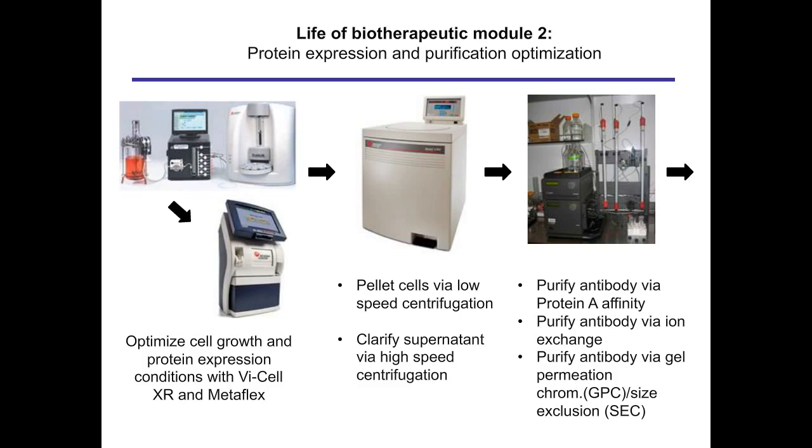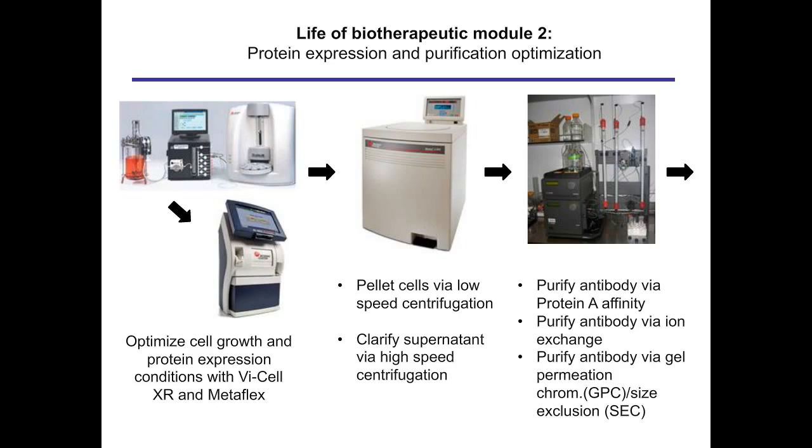Again, the Metaflex will measure glucose and several other metabolites that will give you an indication of the metabolic state and the health of the cells during the process and help you to optimize particular conditions that will give maximal protein expression.